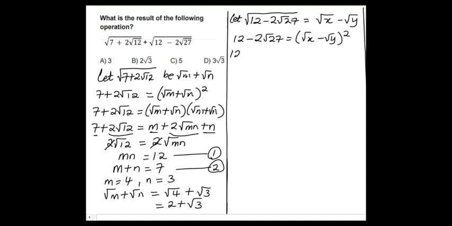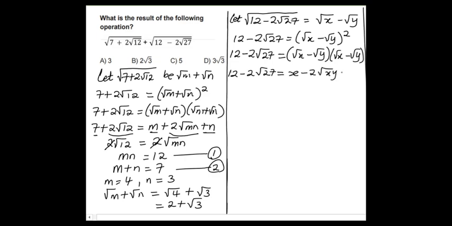So 12 minus 2 root 27 equals root x minus root y times root x minus root y. Here you have 12 minus 2 root 27 equal to x minus 2 root xy, and then plus y. If you expand this, that's what you have.